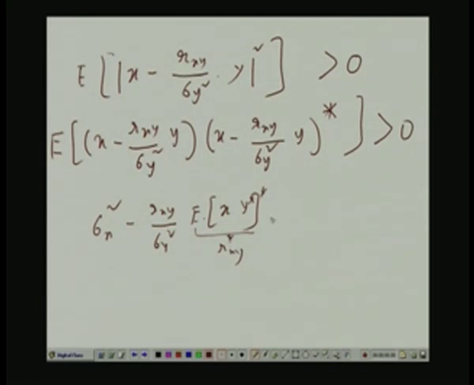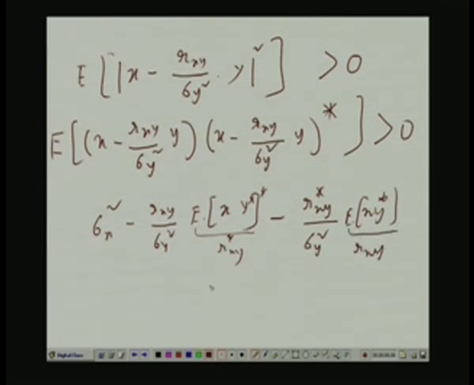There is one cross term. What is the next cross term? X into conjugate of r x y by sigma square y. So, that means r x y, which can be complex, so I am putting a star, sigma square is real, no star, and expected value of x y star, which is again r x y.